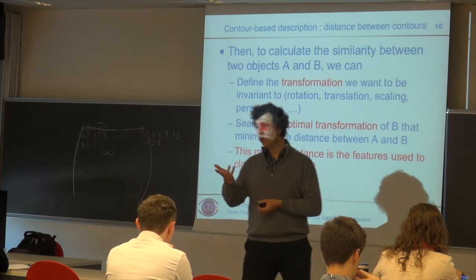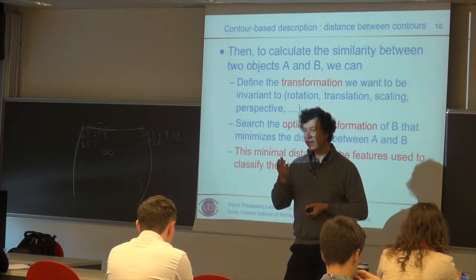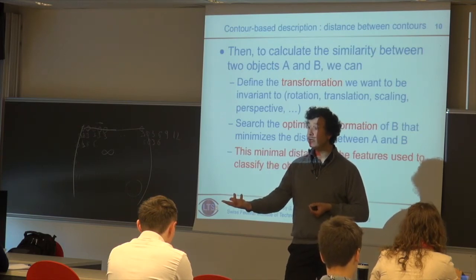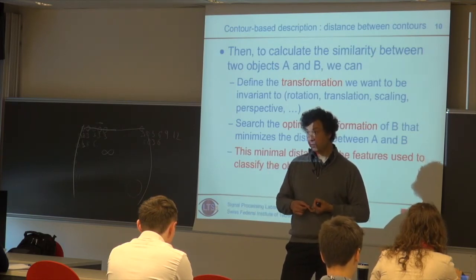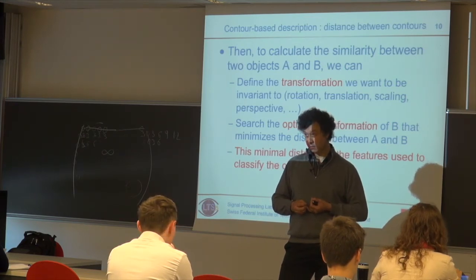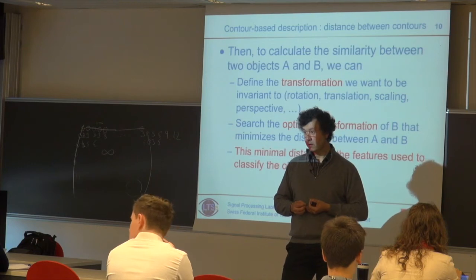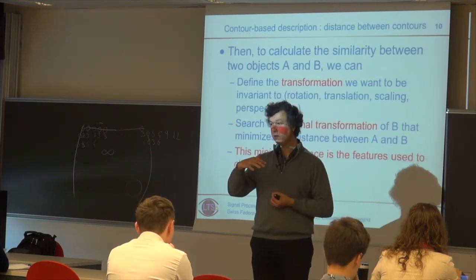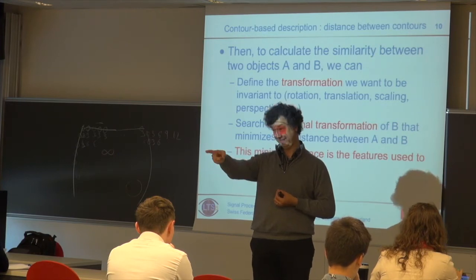You have this tool of the distance, but you still have to play with it to convert this distance into a similarity. So what would you do in your example? Well, you could take a trend from each of the contours and then see the angle between the two. And then when you have the angle, you try to rotate it.